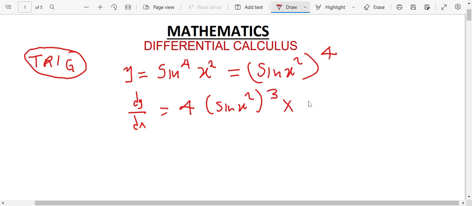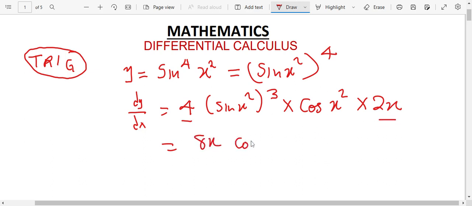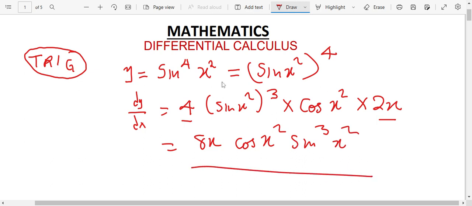If I differentiate sine, I'm going to get cosine. Maintain the angle the same way it is. And then if you finish that, now differentiate the angle, that will give you the 2x. So now multiply this 4 with the 2x, that will give me 8x. I'm going to write first the cos x squared and then I write the sine cubed x squared. So this is it.